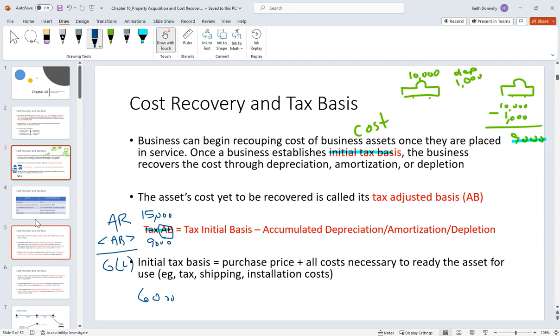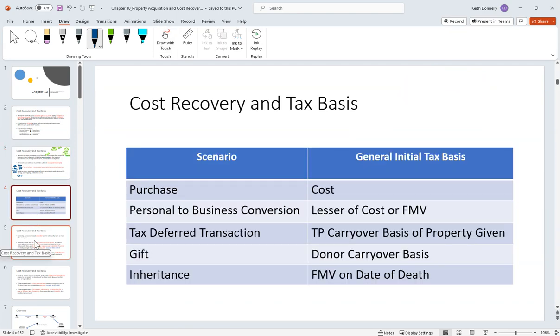This slide is just showing that there are other ways you can determine your initial basis. Most of the time, it's going to be your cost, what you paid for it. However, if it's an asset that you converted from personal to business use, it's generally going to be the lower of cost or its fair market value on the date of conversion.